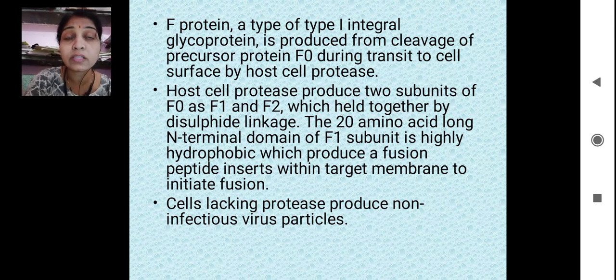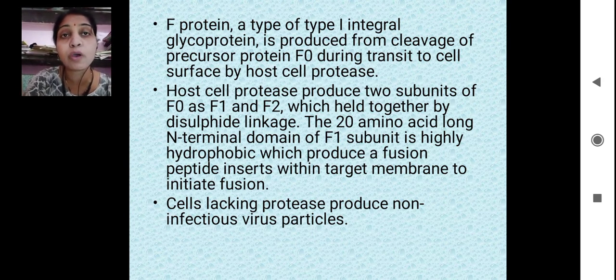Both of these are held together by disulphide linkage. Majorly these are 20 amino acids long, and the N-terminal domain, that is the amino terminal domain, of the F1 subunit is highly hydrophobic, that is water-hating, and produces a fusion peptide.